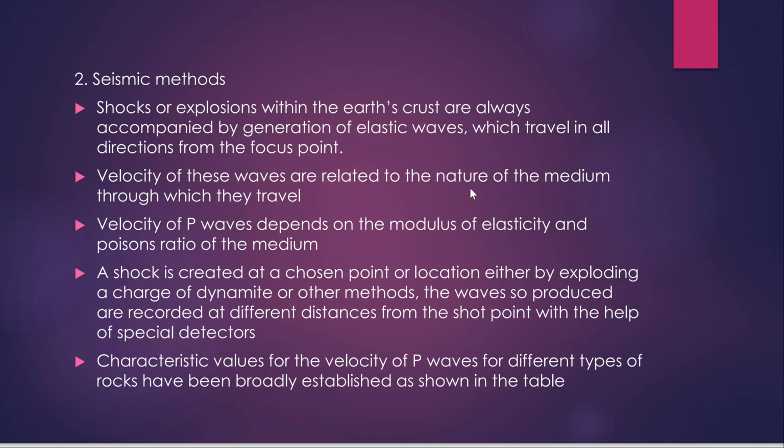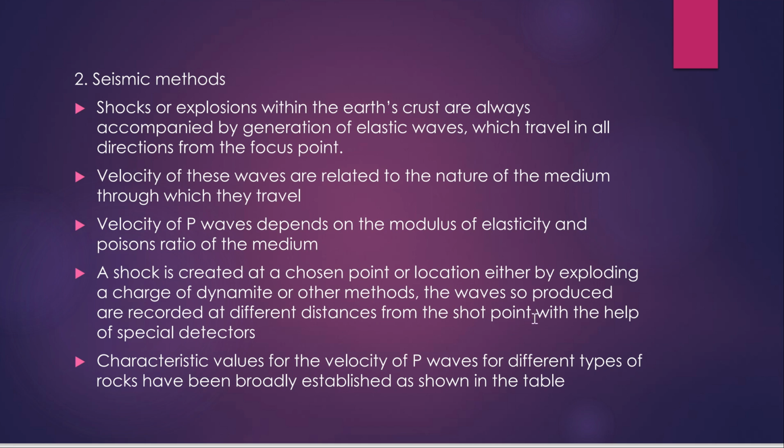The velocity of P waves, that is primary waves, depends on the modulus of elasticity and Poisson's ratio of the medium. So in this method, a shock is created at a chosen point or location, either by exploding a charge of dynamite or by other methods. The waves so produced are recorded at different distances from the shot point with the help of special detectors.